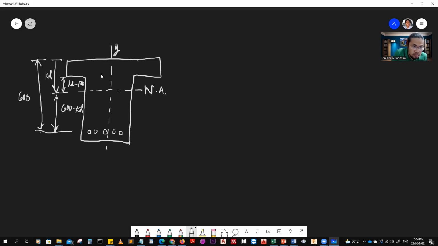Now, we want to compute for this, which is going to be A1, and this is going to be A2, because we want to compute for the neutral axis. We're going to get the moment of inertia. So what we have is also a little area of 1. This is 2,400.